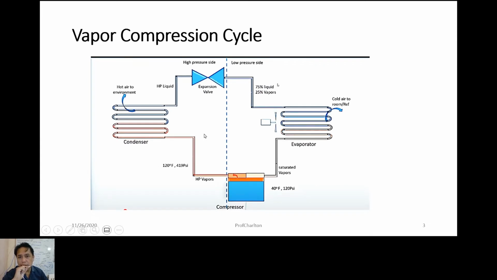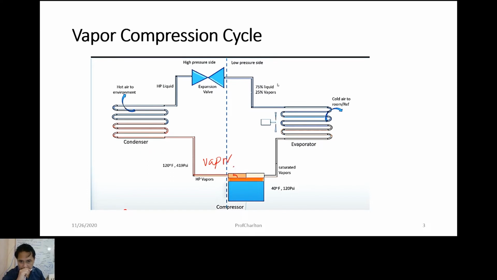So without further ado, I would like to show this. Now, the vapor compression system is a refrigeration system that compresses the refrigerant that becomes vapor after the evaporator.